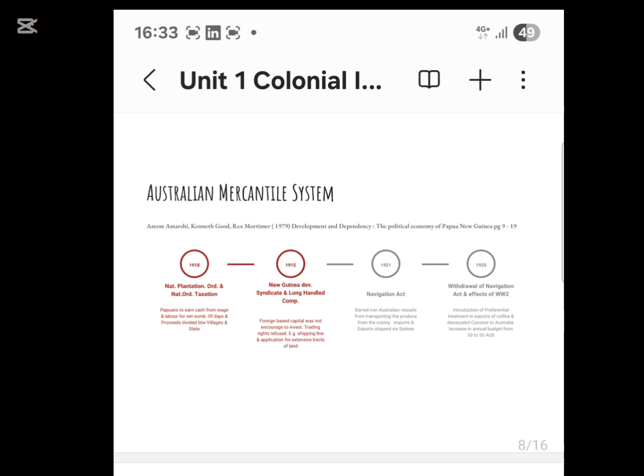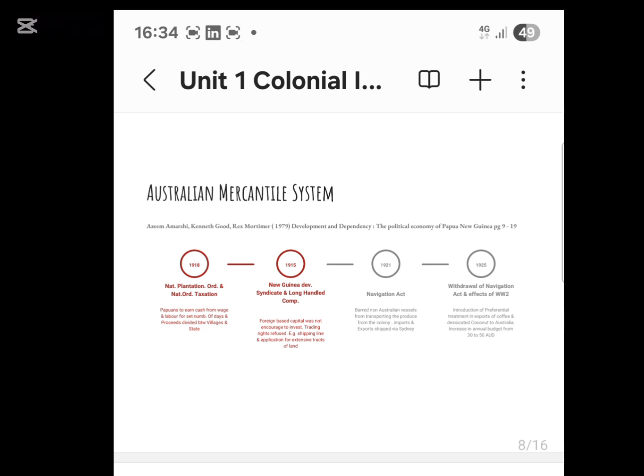Now that sets the foundation for this Australian mercantilist system. This system is about protecting Australia's interest within the region. So any economic investments that would one way or the other threaten Australia's interest would have to be done away with.